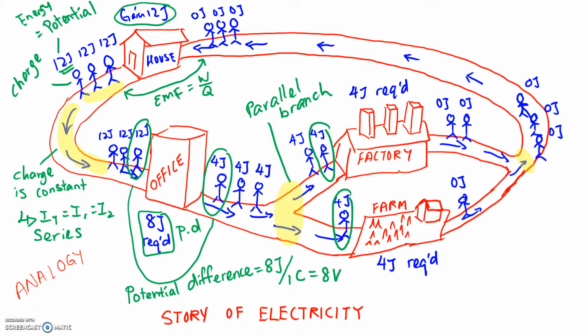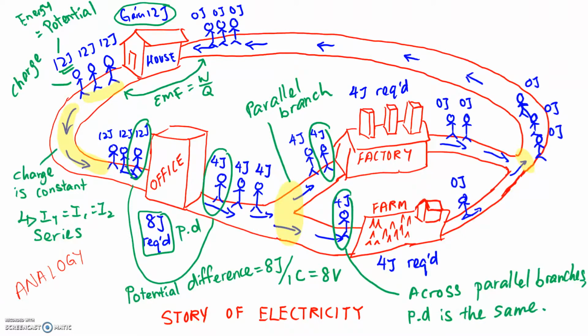So this part reminds you of the fact that across parallel branches, the potential difference is the same. Some of you may realize that we say they share the same potential.